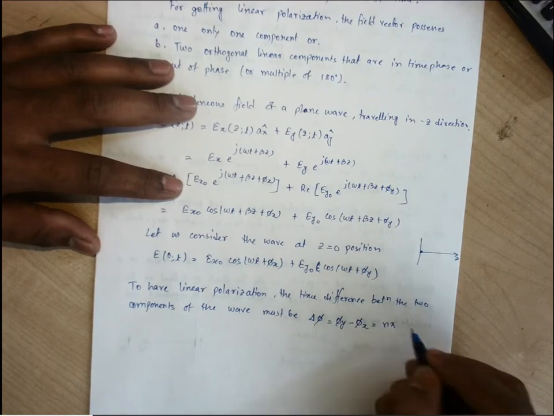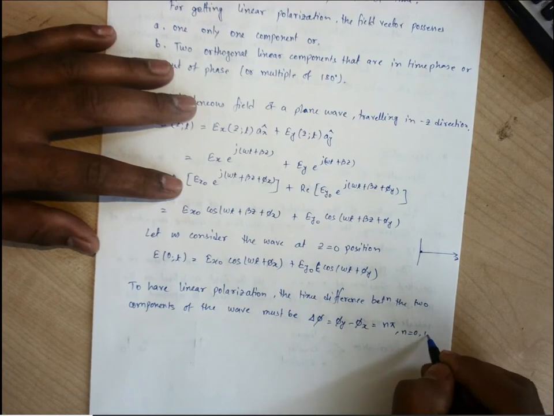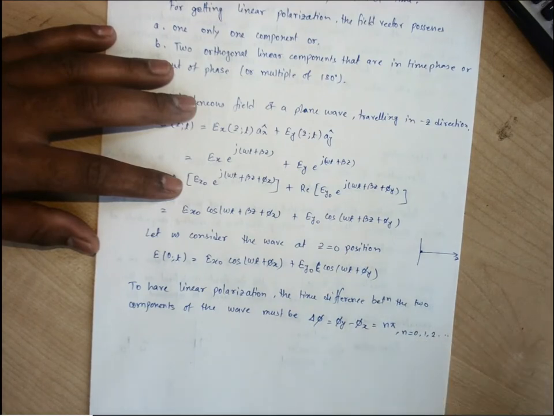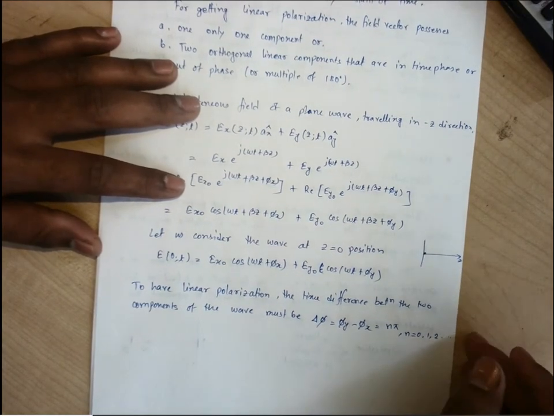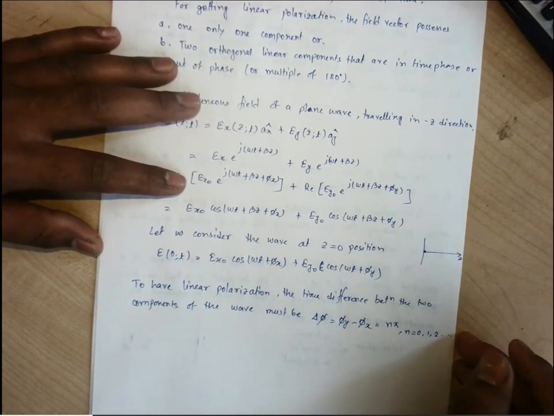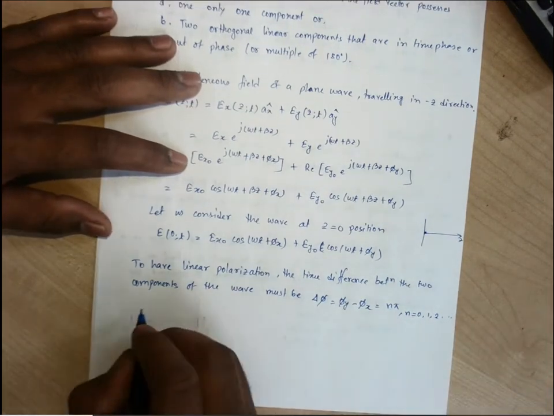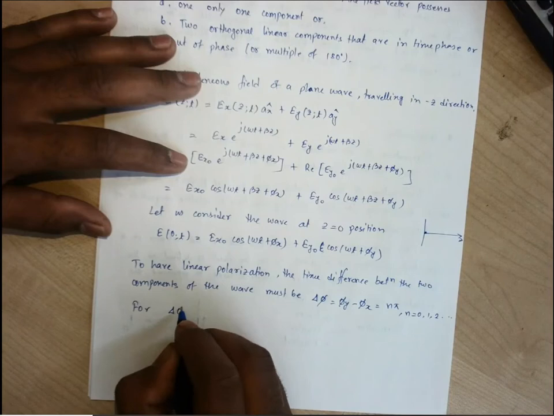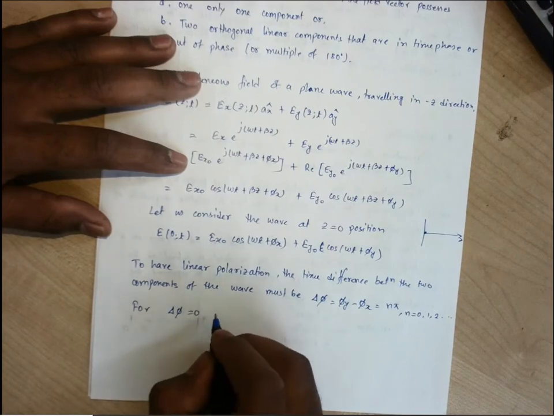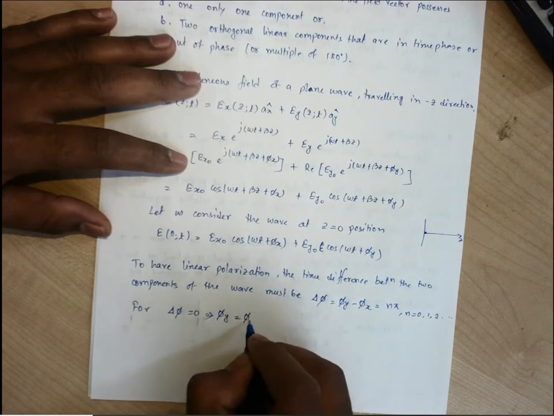that is n pi. So what this n should be? N is 0, 1, 2 like this. So for most simple calculation or for most easiest case, let us consider this del phi is 0, that is for n is equals to 0. Okay, so for del phi is equals to 0, that is phi y is equals to phi x.